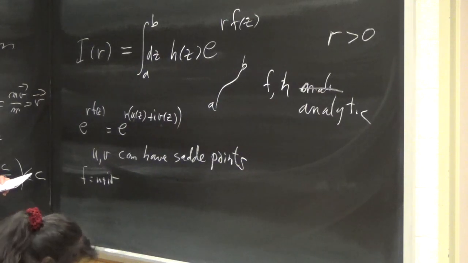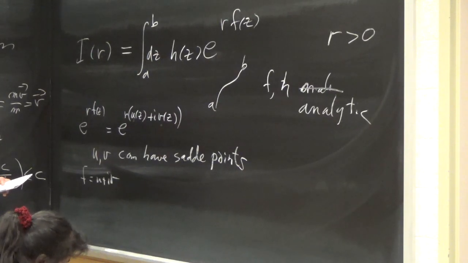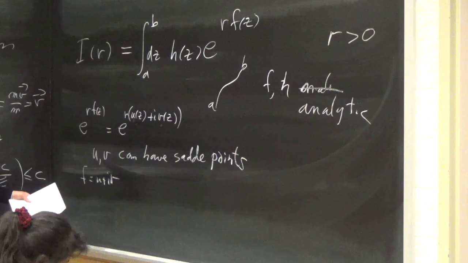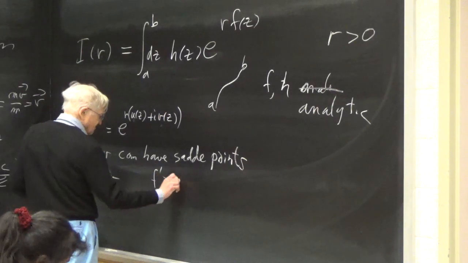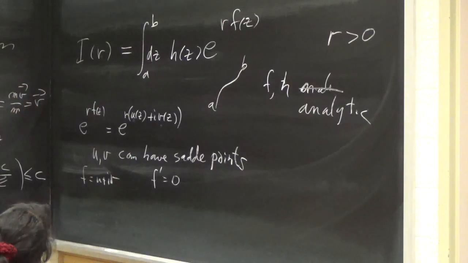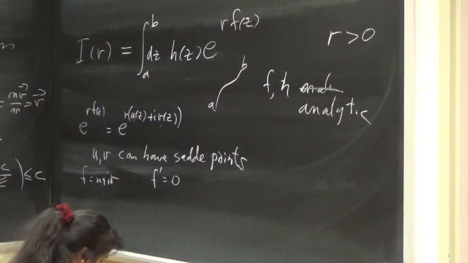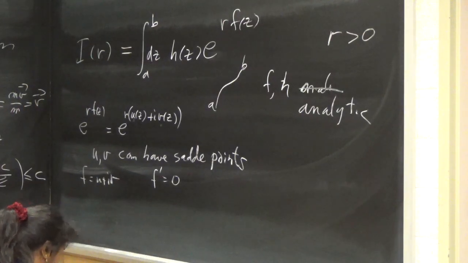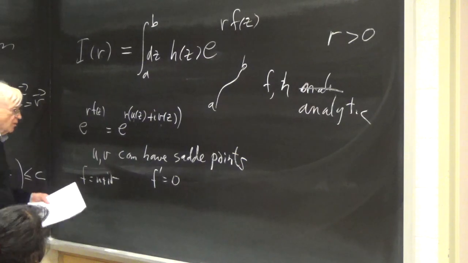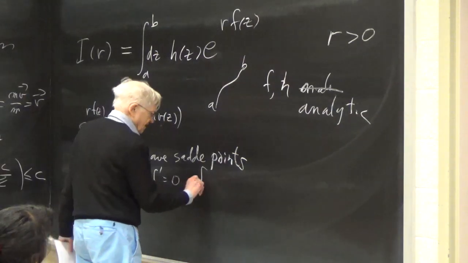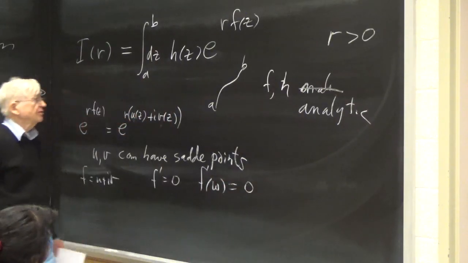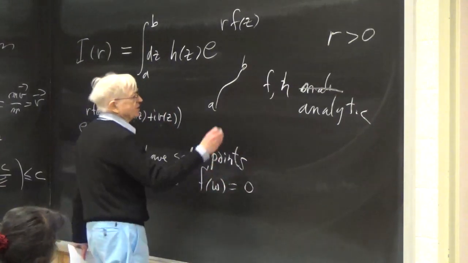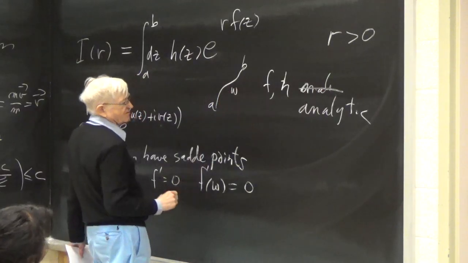And so what we're going to do is pick a point where f prime is 0. So that would be, if f weren't analytic, a candidate for a relative maximum or minimum. And we're going to pick a particular point, W. We're going to say there's some point W where f prime is 0.